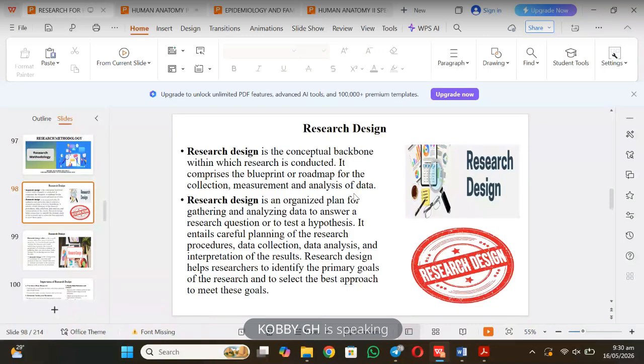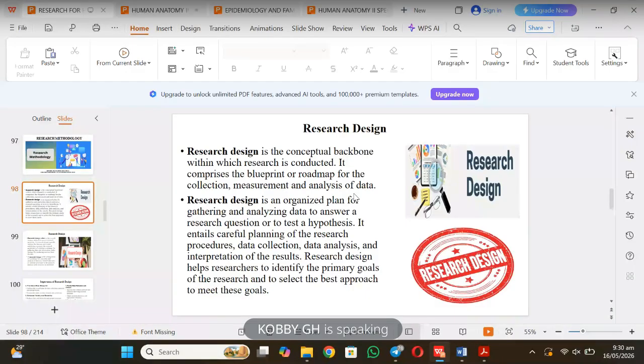Now, that design tool can be used at your level. That design tool is accepted. It's accepted at your level. So records that are already in existence and you want to use for your study, it's accepted at your level. And we call that the retrospective study design. So when we say retrospective study design, it means the record is already there.